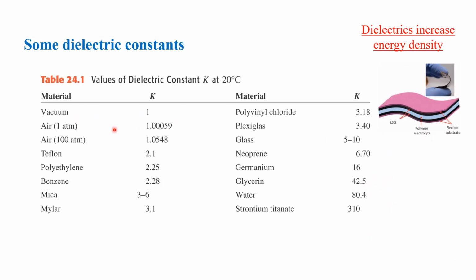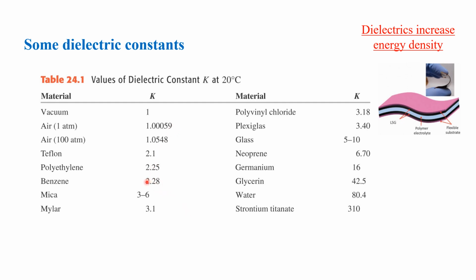These are some of the dielectric constants. For a vacuum, meaning there's nothing in between your two plates, you have a dielectric constant of 1. And as you can see, if you insert a dielectric, even just air, you're increasing the capacitance of your capacitor.